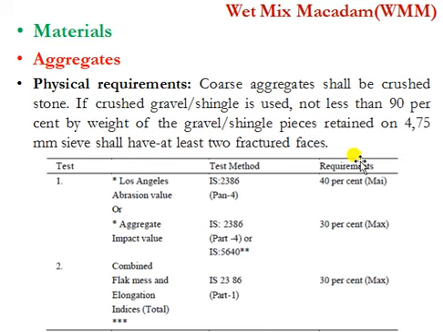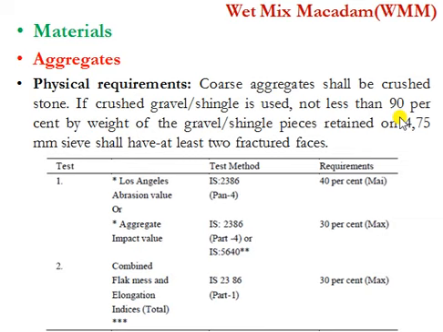If crushed gravel or shingle is used, not less than 90% by weight of the gravel or shingle retained on the 4.75 mm sieve shall have at least two fractured faces. The constituents of the aggregates shall be produced by an integrated crushing and screening plant, and unless otherwise instructed by the engineer, crushing shall be carried out in at least two stages.